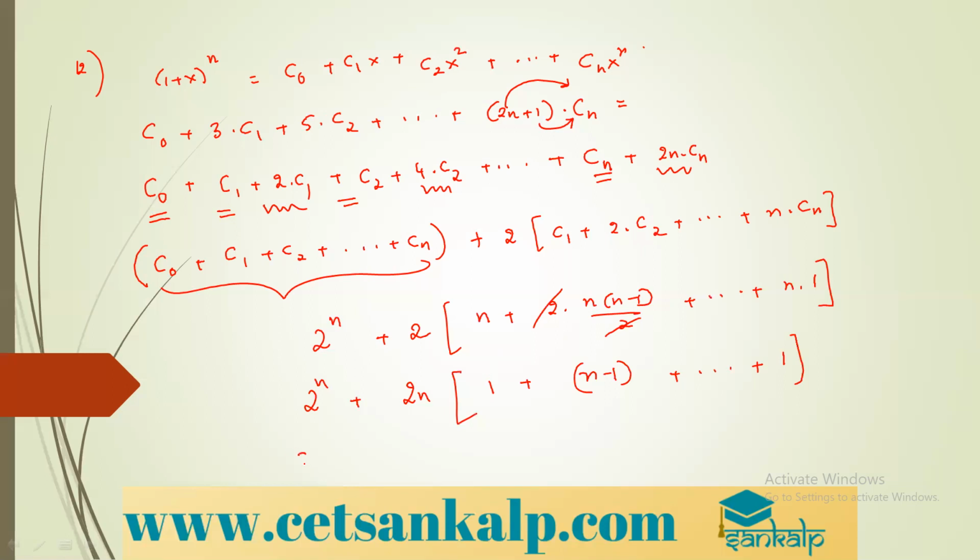So this I can modify and write 2n into 1 I can write as n minus 1 C0. N minus 1, I can write n minus 1 C1. Like that, each term I will modify. The last term I will write n minus 1 Cn minus 1.